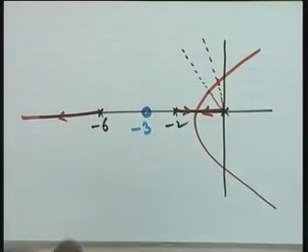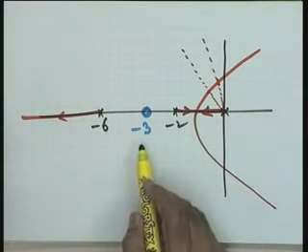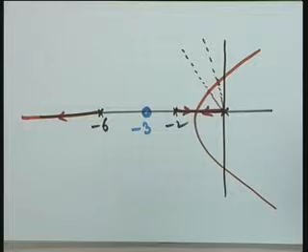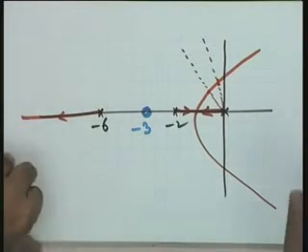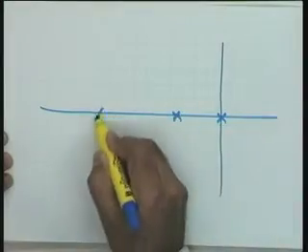We have yet to see as to why, but I am introducing a 0 at this particular point. Suppose I will change the hardware of the system in such a way that the system has got a 0 at s is equal to -3. So, help me as to what is going to be the effect of this s is equal to -3 on the root locus plot. You will find that the effect is a stabilizing effect.